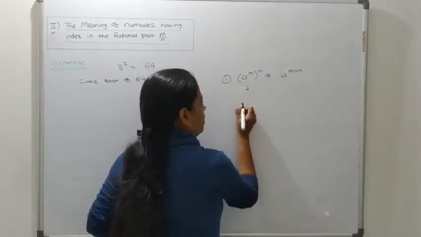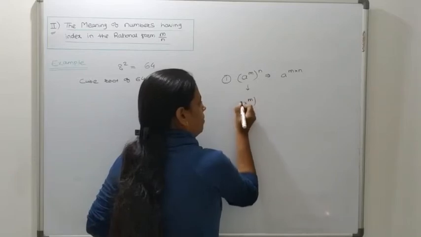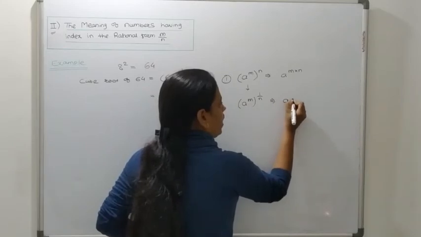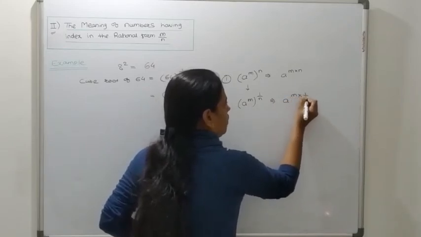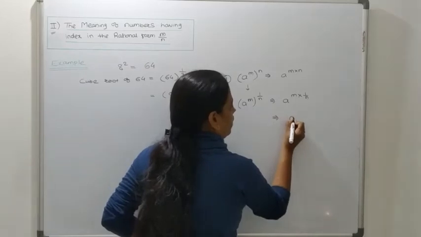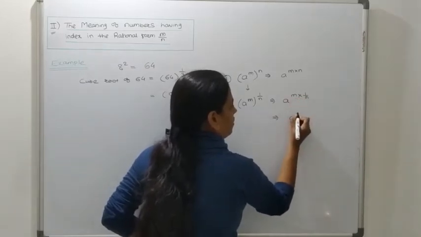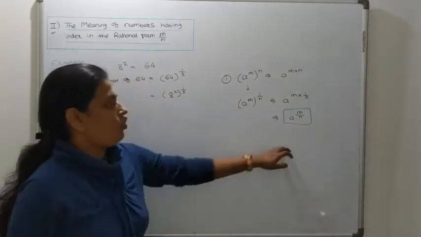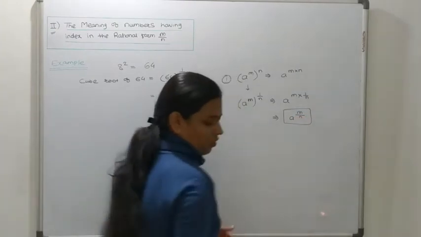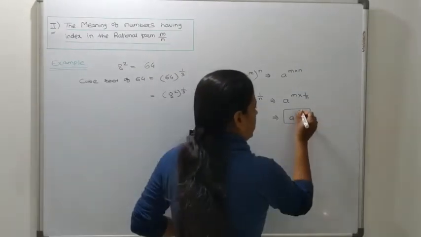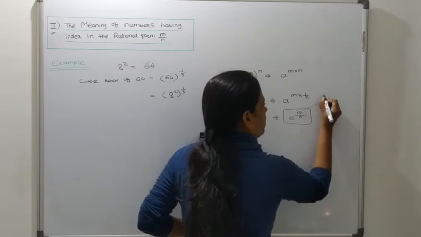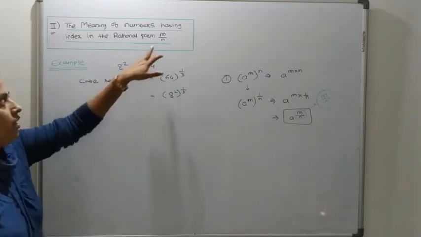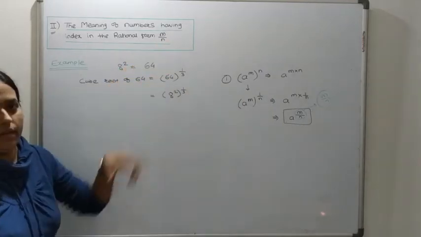Similarly, a raised to m, raised to 1 upon n, gives a raised to m into 1 upon n, that is m upon n. So the index of a is m upon n, the rational form.